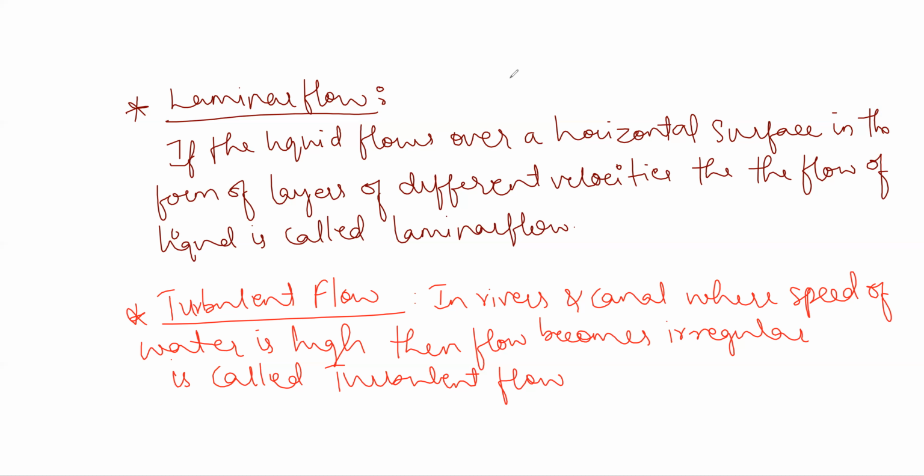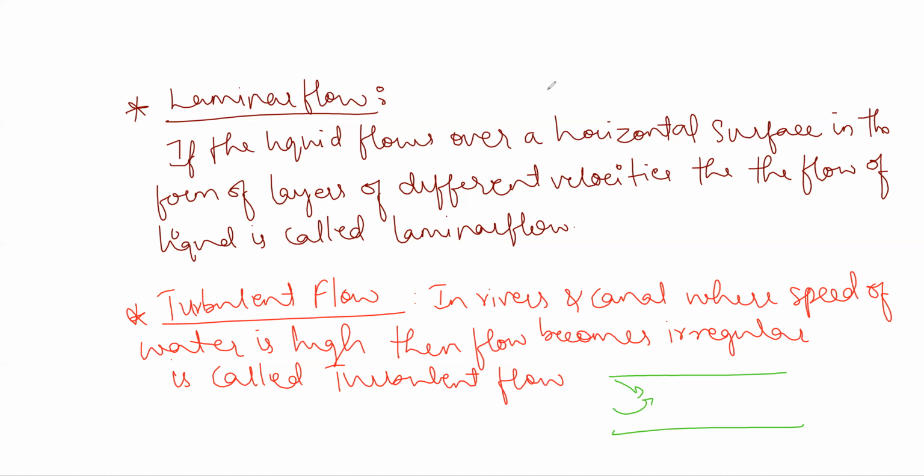Flow of fluid in which the velocity of all particles crossing a given point is not the same, the motion of the fluid becomes irregular or disordered. So this we call turbulent flow. It is shown by a diagram like this.